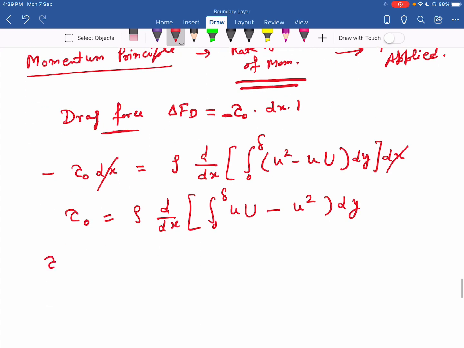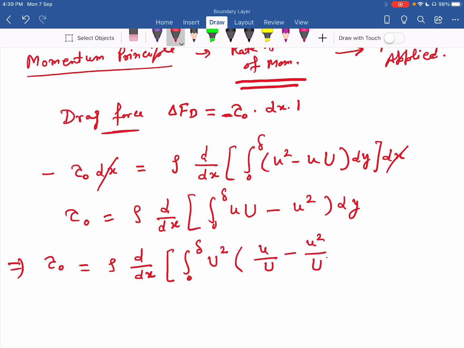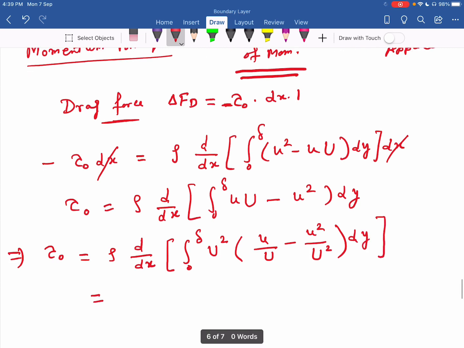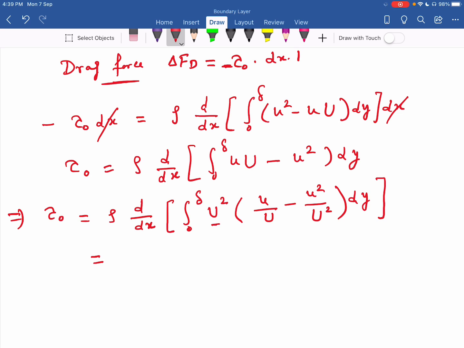Further, τ0 equals ρ d/dx of the integral from 0 to δ. Now take U² out from here: (u/U minus u²/U²) dy. So U is constant, and I can write ρU² d/dx of ∫ from 0 to δ of (u/U minus u²/U²) dy.